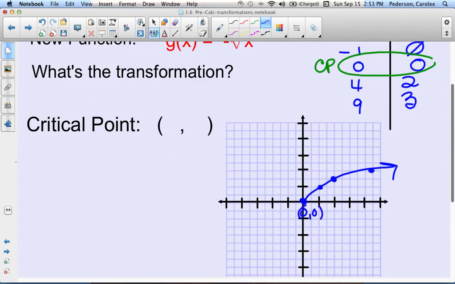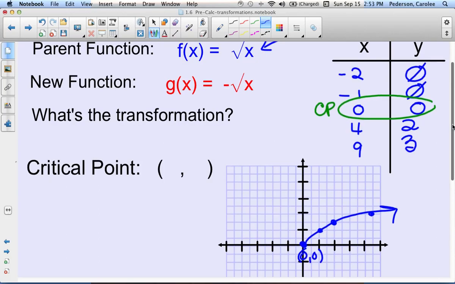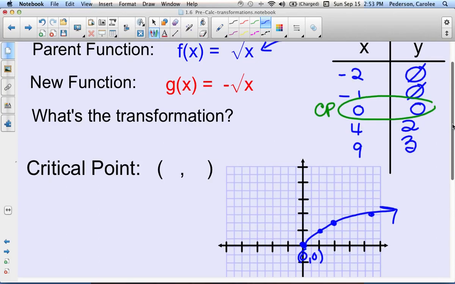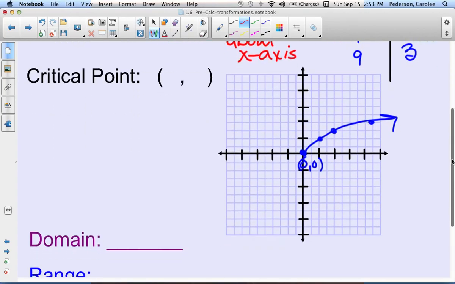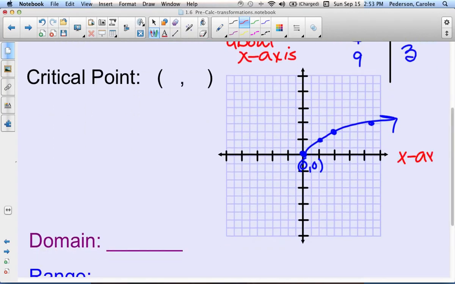Now it asks us for a new function in the red with a negative in front of the function. When you have a negative in front of the function, it reflects it about the x-axis. So if I imagine my x-axis being right here and I create a folded piece of paper, what would my graph look like? Well, this point would stay, so that's still my critical point.